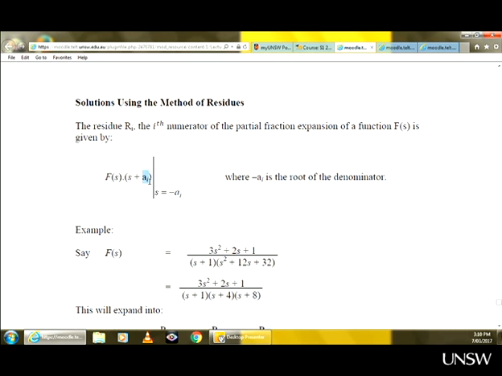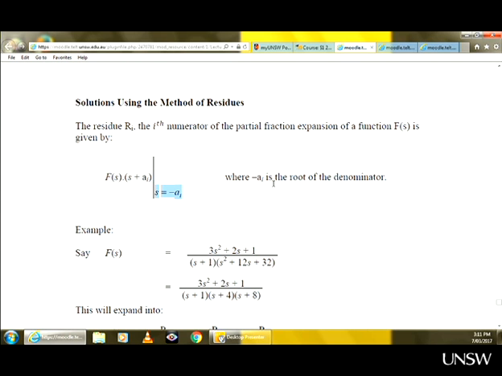What you do is multiply your original function by the term corresponding to the first root, and then make s equal to minus A_i, where i is the ith root of the denominator.